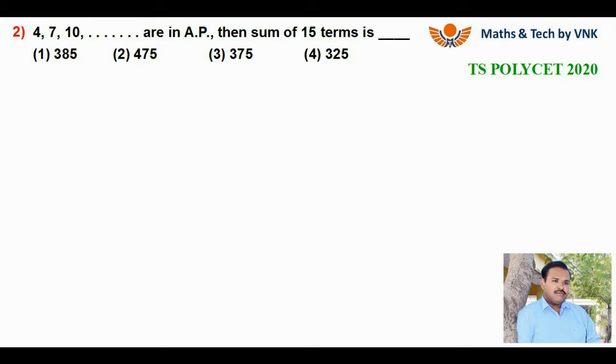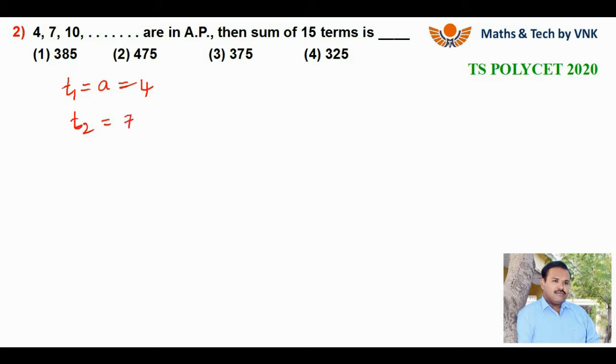Next question is 4, 7, 10, and so on are in AP, then the sum of 15 terms is. In the given arithmetic progression, the first term T1, which is equal to A, is equal to 4, and the second term T2 is equal to 7.